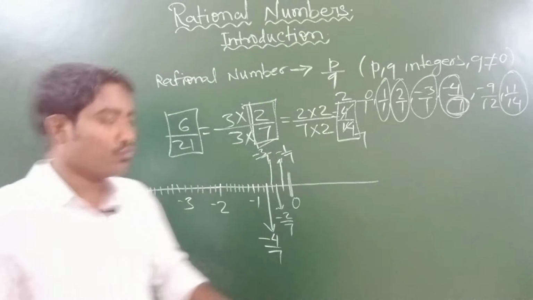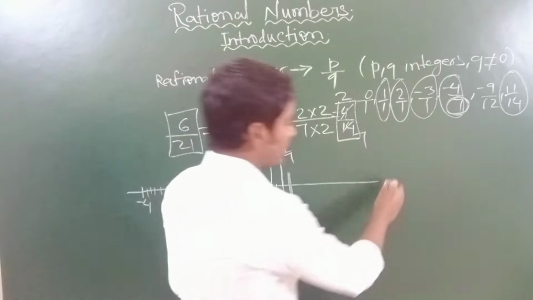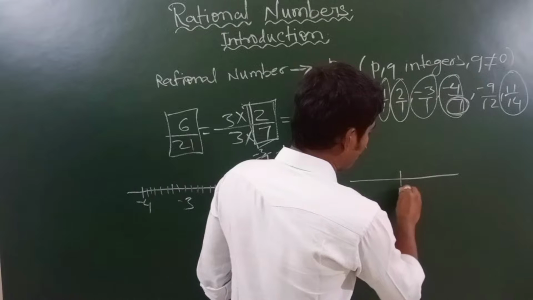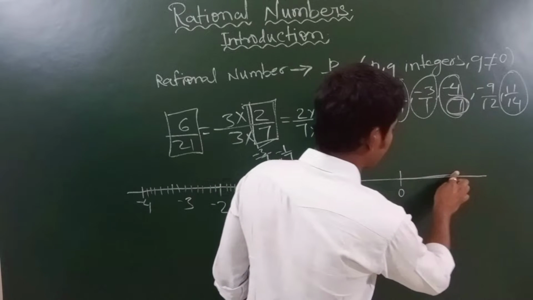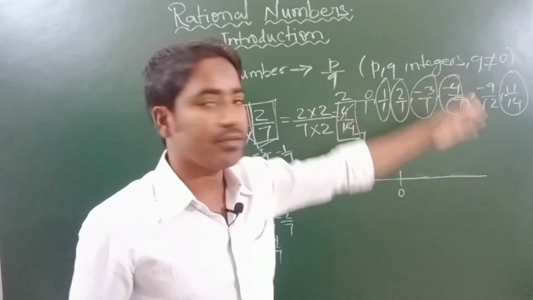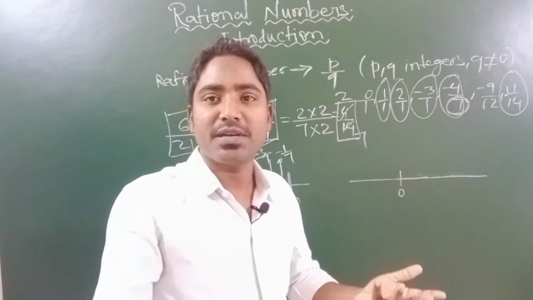Okay, and if you want to show it in an easier method, I have told you, suppose this is another number line. I told you when we were representing fractional numbers on the number line at that time also. Suppose you have to show 11 by 14. Then here you need not do any division between any interval.